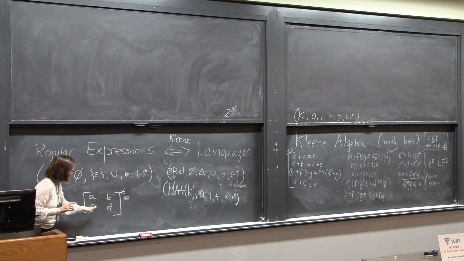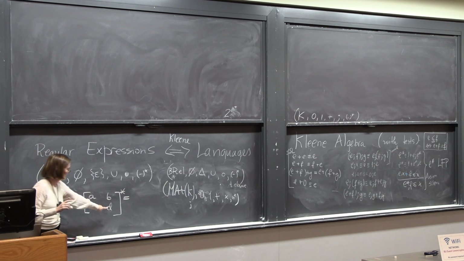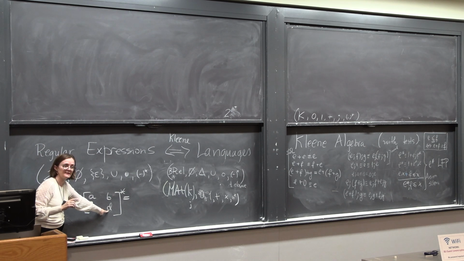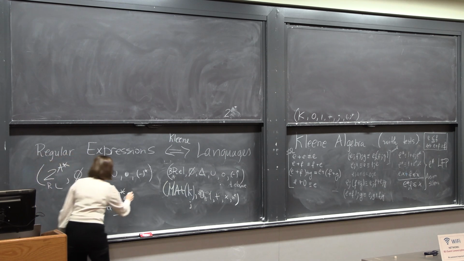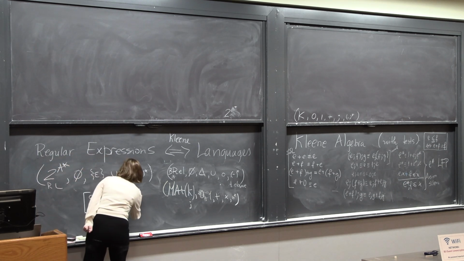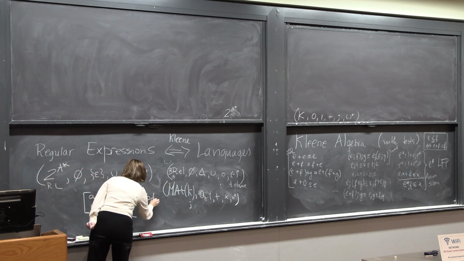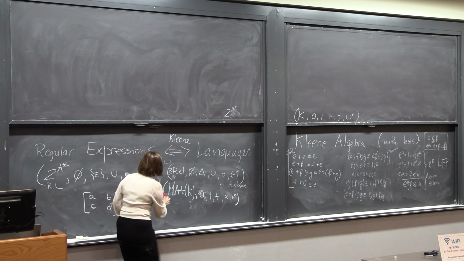The way to think about this is that it is a two-state automaton that has a loop with A in the first state, a loop with D in the second state, and it transitions from the first to the second with B, and from the second to the first with C. I'm going to write down this formula, and then the first one.